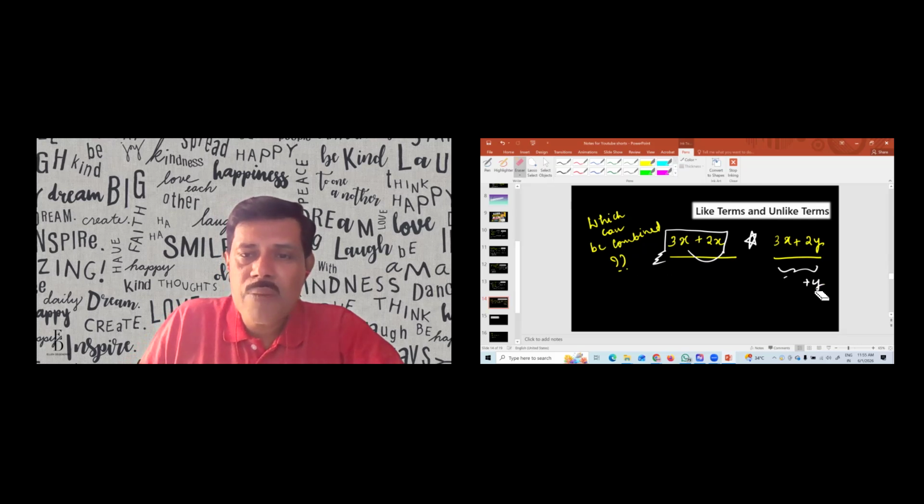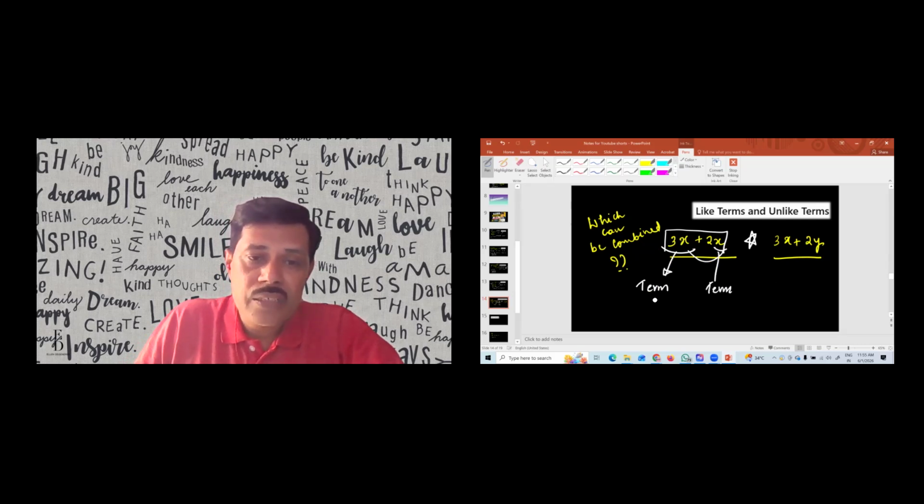When you see the same variable in the two terms, this is one term, and this is a term. That is what you should say. But are these two the same, like terms? Yes, because there is only the x variable in both the terms. We call these two the like terms.